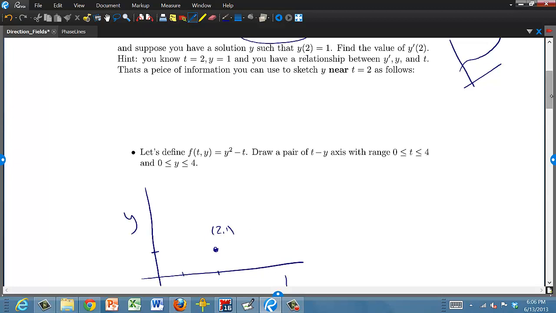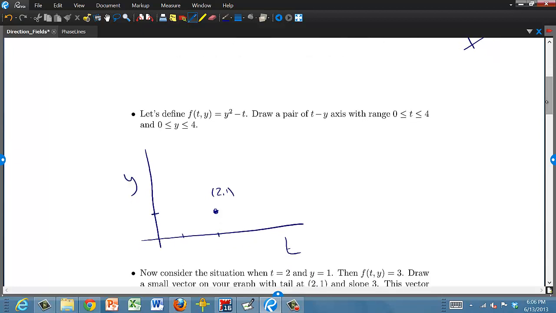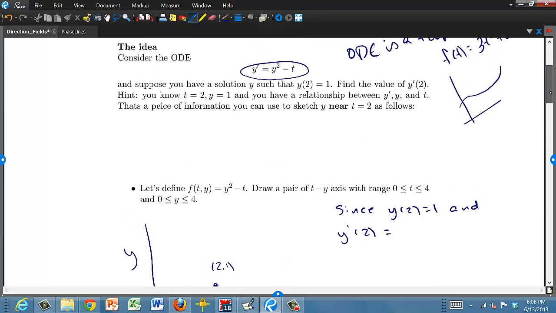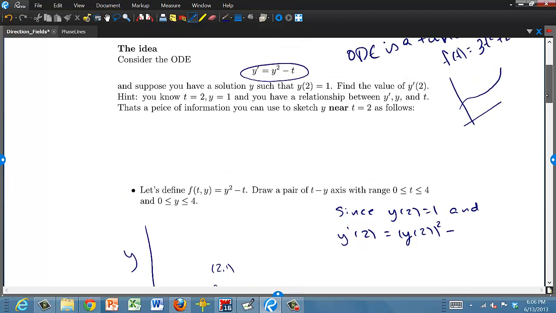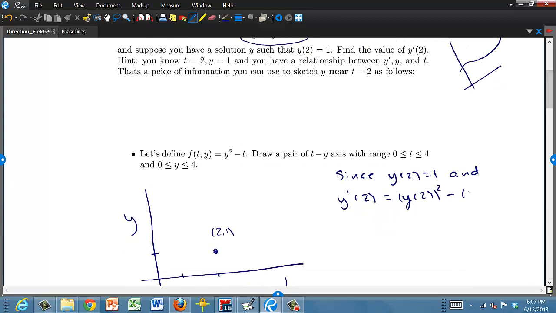Okay, what would that mean? Well, if we have a solution going through the point 2, 1, then since y at time 2 equals 1, and y prime at time 2 is equal to, since it's a solution to the ODE, y at time 2 squared minus the time 2, which is equal to 1 minus 2, that's negative 1.